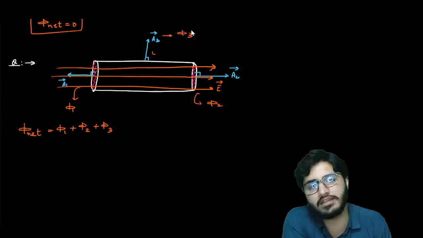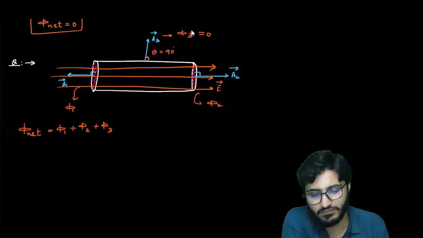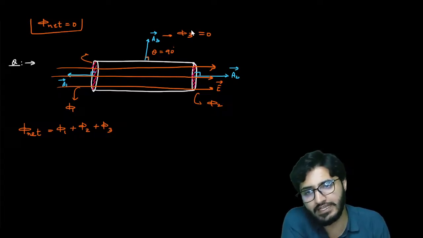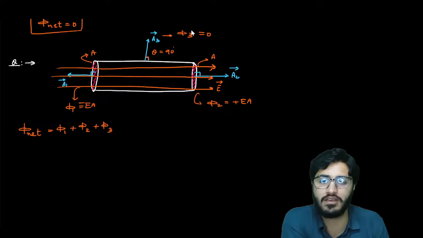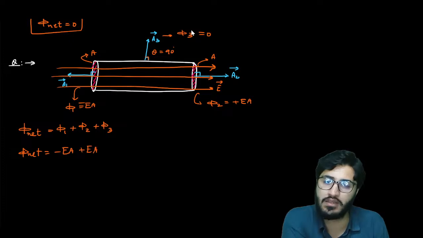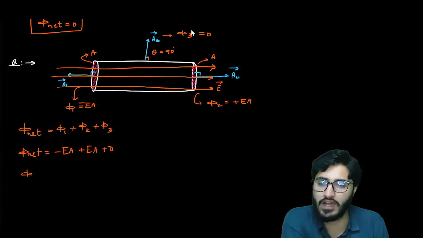In phi 3, the angle is 90 degrees, so phi 3 will be 0. If the area is A, the same area will be here also. So what is the flux? EA cos theta: here it is minus EA, and this will be plus EA. So phi net equals minus EA plus EA plus 0, which is 0.